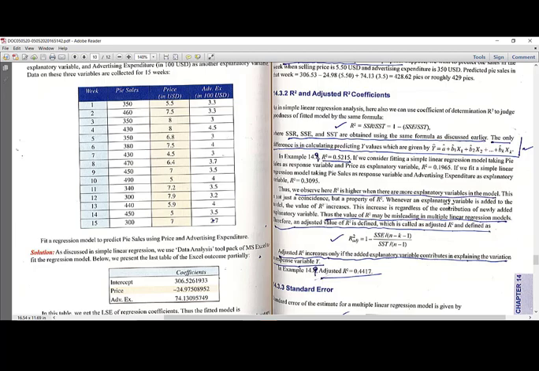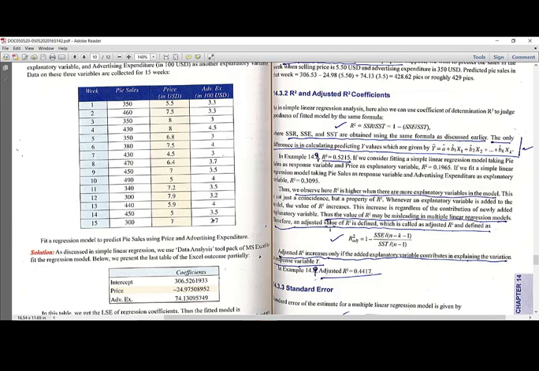Whenever an explanatory variable is added to the model, the value of R square increases. This increase is regardless of the contribution of the newly added explanatory variable. This is not desired. Thus, the value of R square may be misleading in multiple linear regression models.